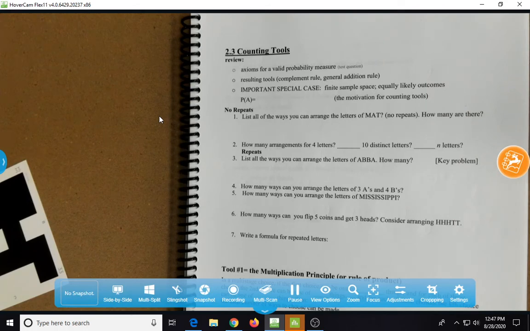So let's suppose that I had HANNAH. How many total ways, if all these were distinct, could I arrange these? 6 factorial, right? 6 times 5 times 4 times 3 times 2 times 1. How many ways could I arrange the H's? 2 factorial.